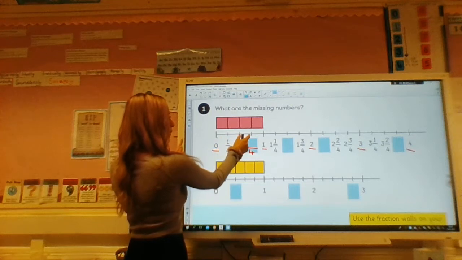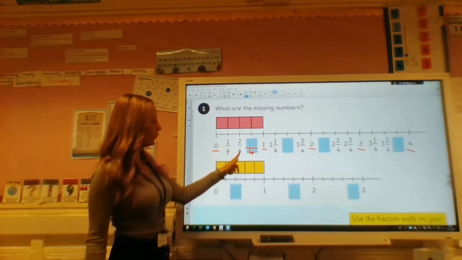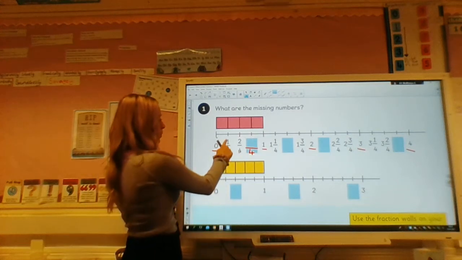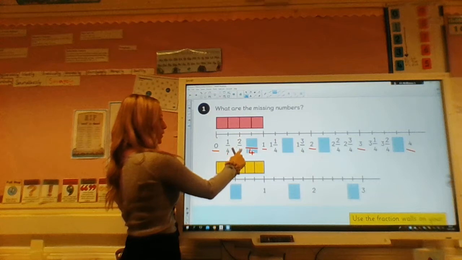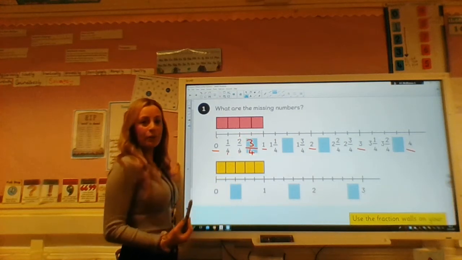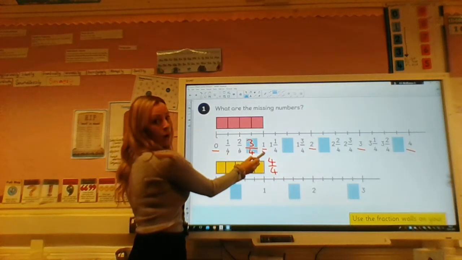So 1 part, 2 parts, 3 parts, 4 parts. It tells you anyway, because the denominator is 4 on the other part, so that's easy. And then all we're doing is looking at, this is 1/4, 2/4, so this must be 3/4. Then it would be 4/4 like that, which is the same as 1 whole.